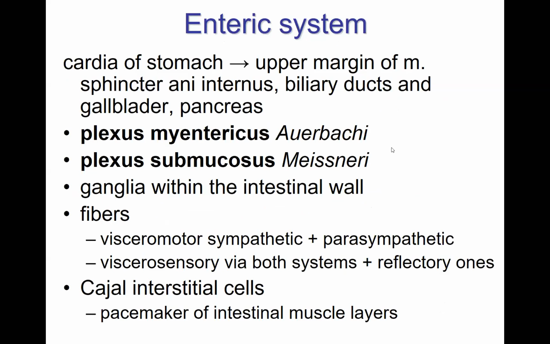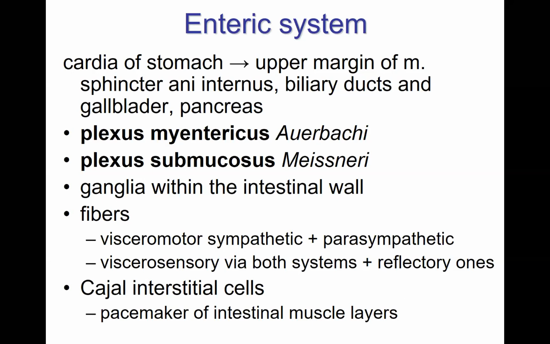And the last information is about the enteric system. What is the enteric system? You already know this. These are all the neurons we find in the gut. The number of neurons is similar to the number of neurons in the brain, so it's a really big brain, and it is concentrated into two big plexuses: the submucous plexus of Meissner and the myenteric plexus of Auerbach.